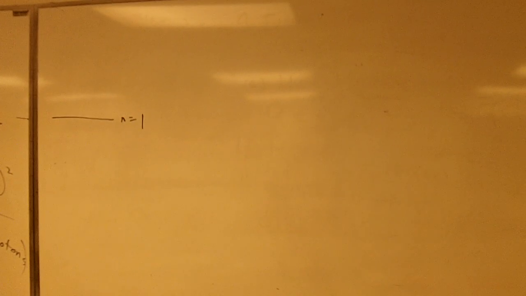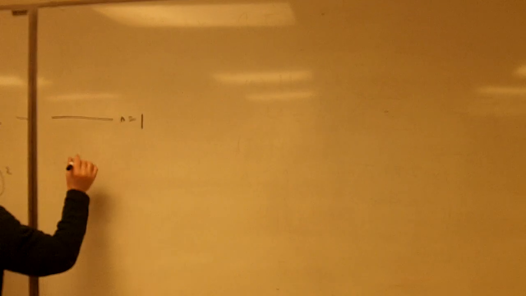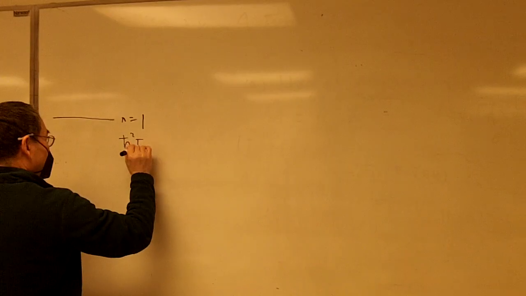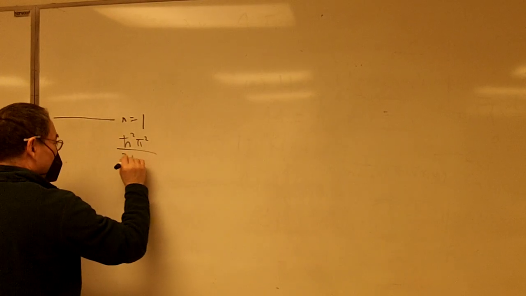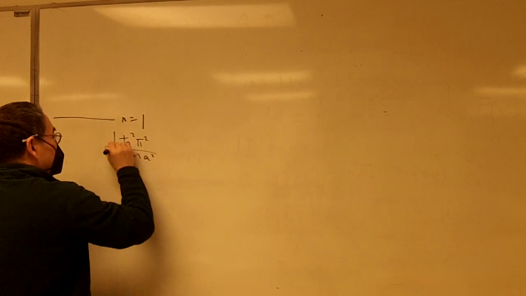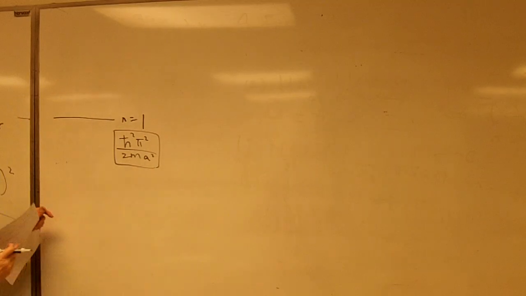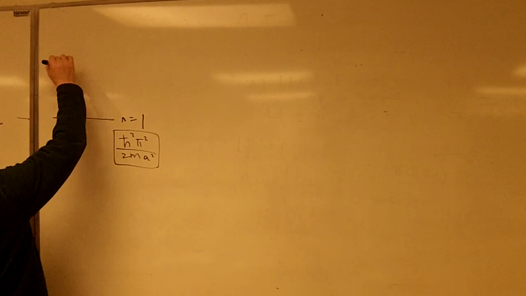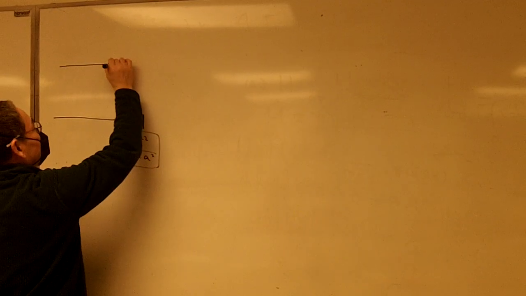I'm assuming that n equals 1 is this particular level. To be more precise, let me write it down: this will be h bar squared pi squared divided by 2ma squared. So this is my unit. But as it goes to 2, this will be four times this big, like this.